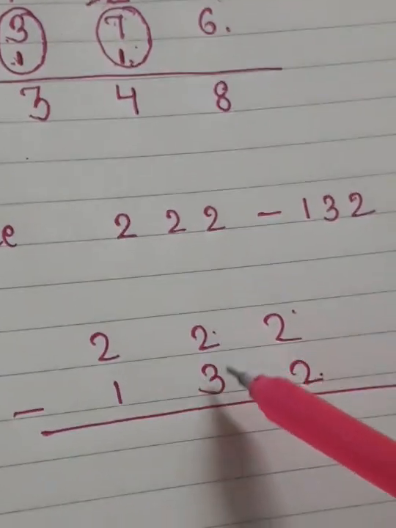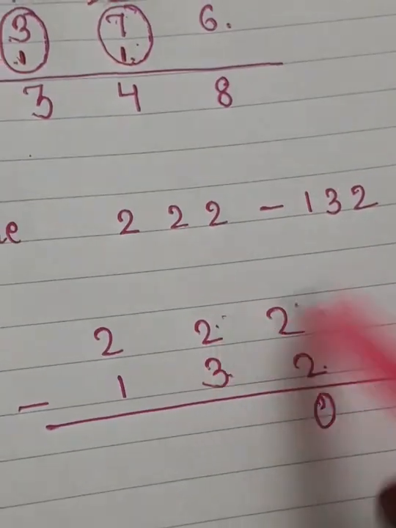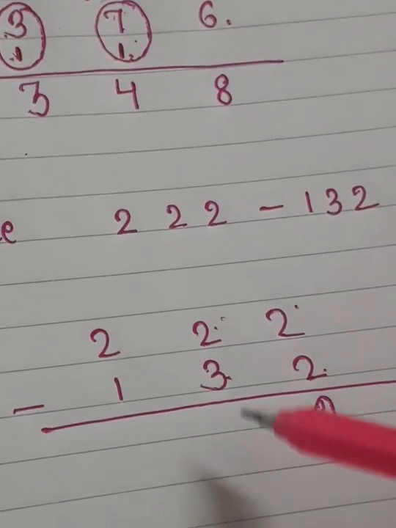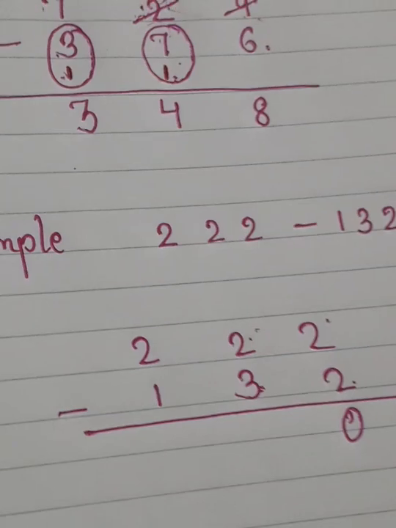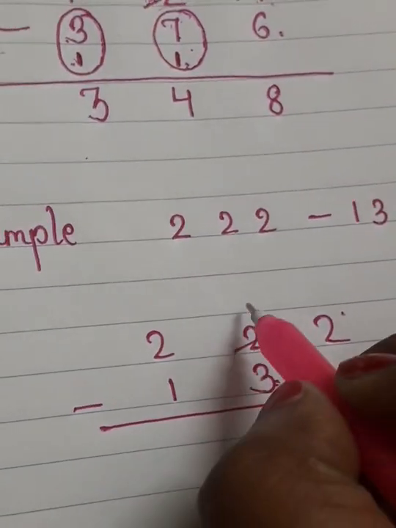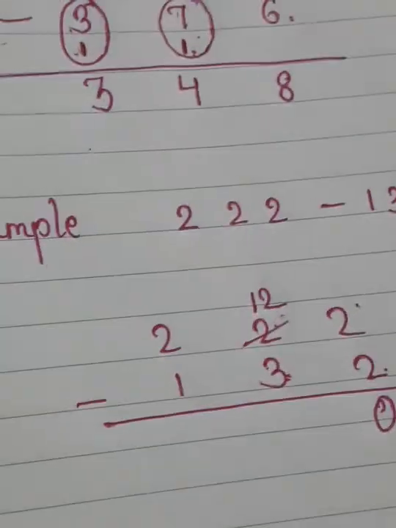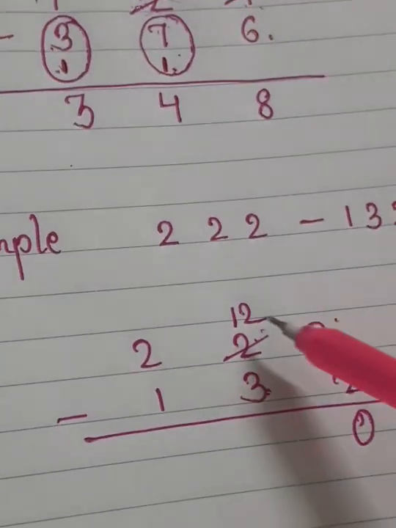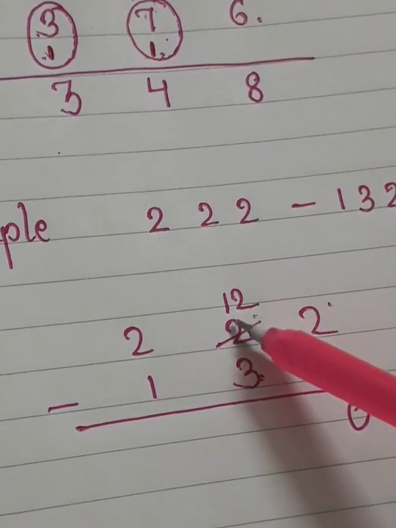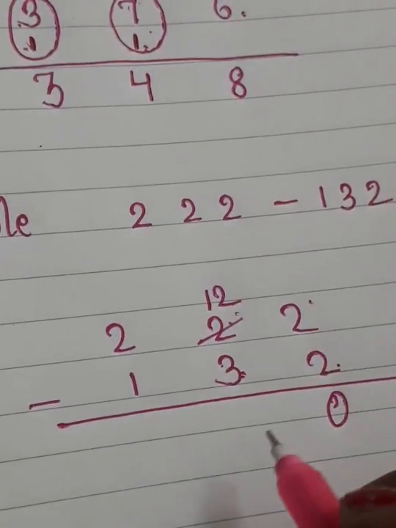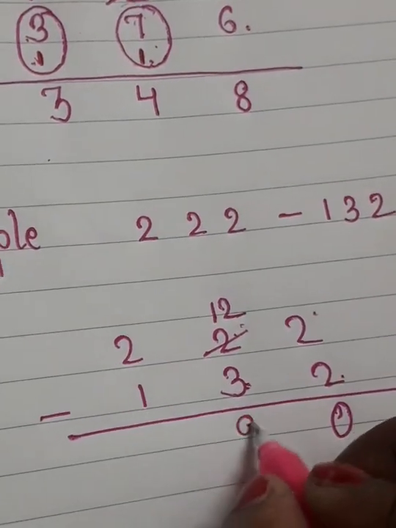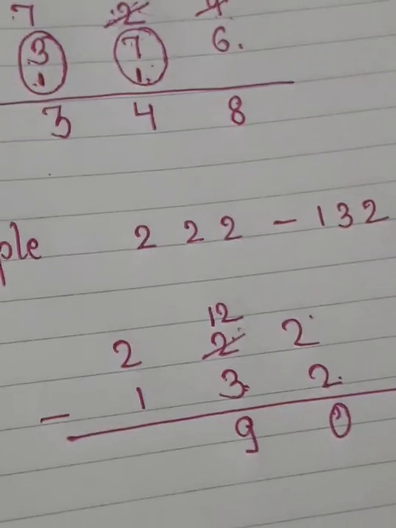Now 2 minus 3, can we do it? No, because 2 is a smaller number compared to 3. So what will we do? By the new method we have to assume this becomes 12. Now we have assumed 2 as 12, so 12 minus 3 becomes 9.